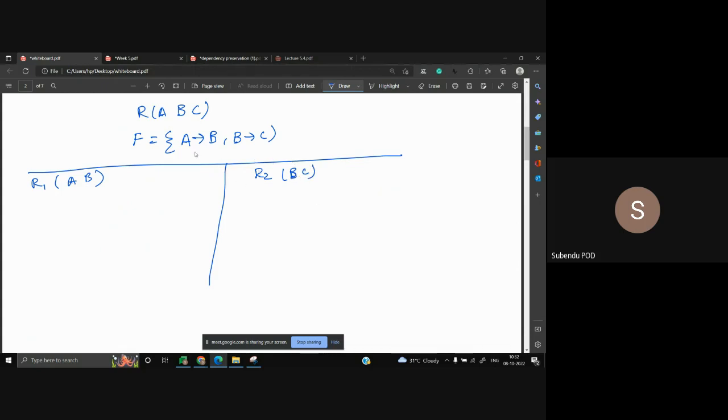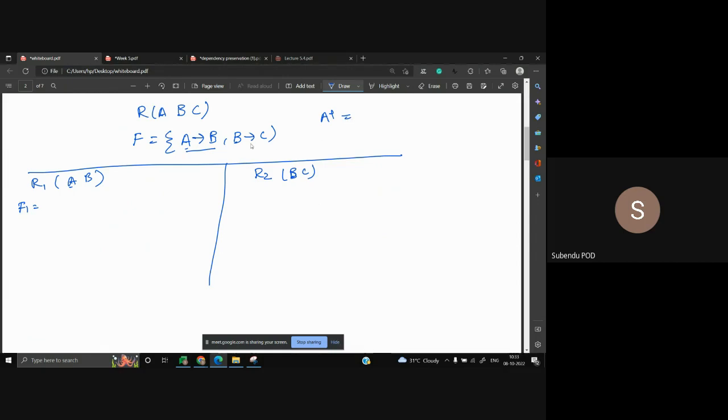Are the given functional dependencies preserved in the child tables or not? How to check? First we have to find the corresponding F1 functional dependency. So first we find the closure of A with the help of the parent functional dependencies.